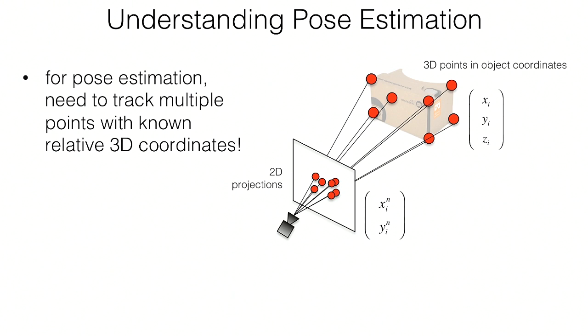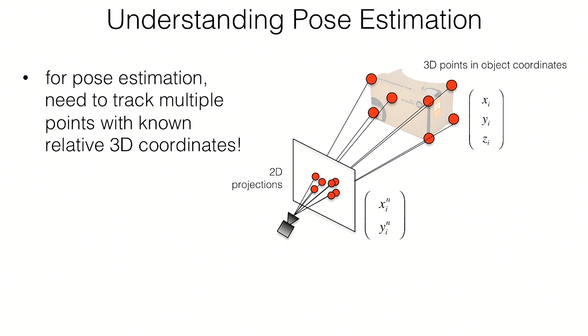And then the problem becomes, from the 2D projections of these points in the camera image, what is the 3D pose of the 3D object if we know the relative orientation and the relative layout of these LEDs or something else on the headset? We're going to denote the local coordinates on the right xi, yi, zi, and we know these coordinates.